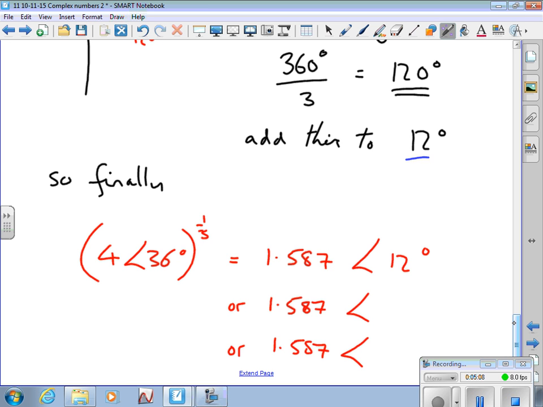So for example, in this particular case, if I had 120, I'd get 132 degrees, and if I had 120 again, I'd get 252 degrees. So in other words, there are 3 possible solutions if I find the cube root of a complex number.